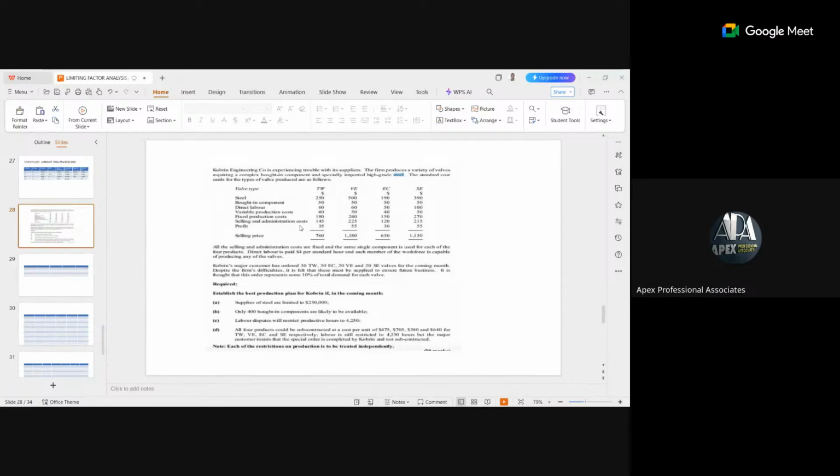If the special order is 10% of the total demand, what is that total demand?